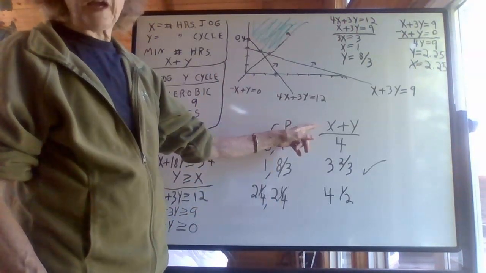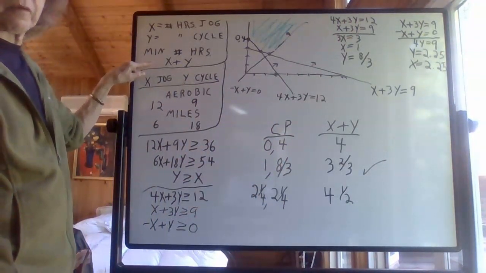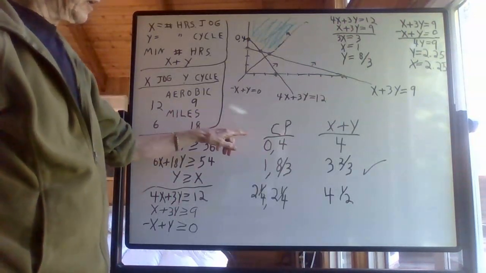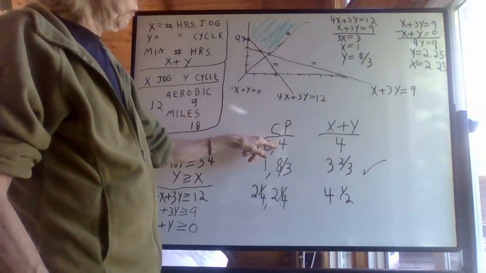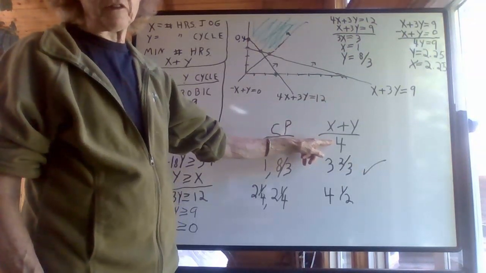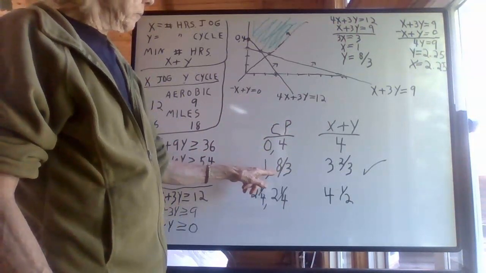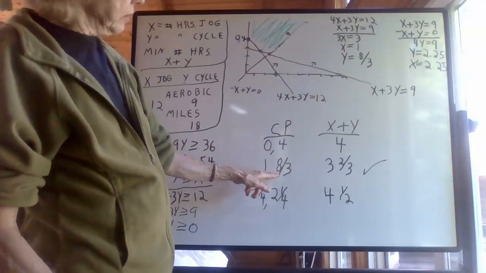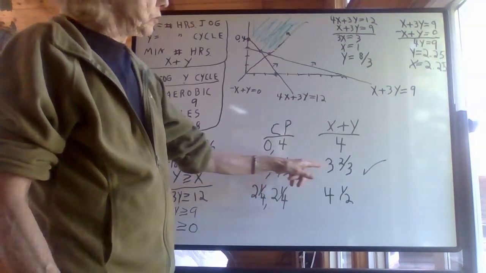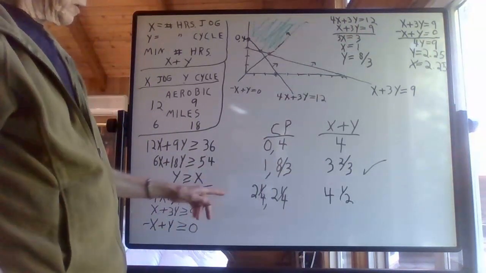Then you put in your objective function. What is it you're trying to minimize? The number of hours, x plus y. So substitute 0 for x, 4 for y, and that would be the value of your objective function for that corner point. 1 for x, 2 2/3 for y. So 1 plus 2 2/3 would be 3 2/3 for the number of hours.